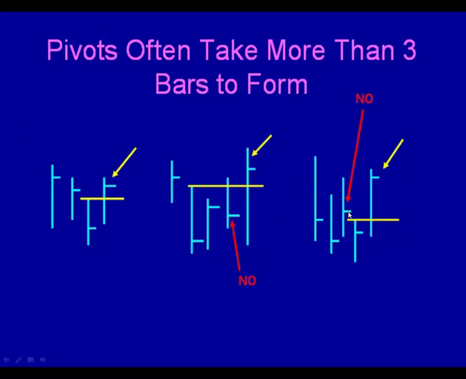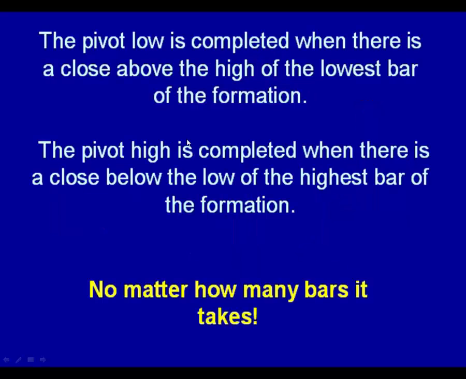But just understand, pivots often take more than 3 bars to form, and they're not aesthetically pleasing. The 3-bar pivot is very aesthetically pleasing. So let's review. The pivot low is completed when there is a close above the high of the lowest bar of the formation.